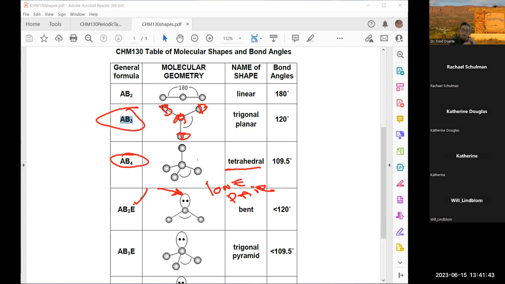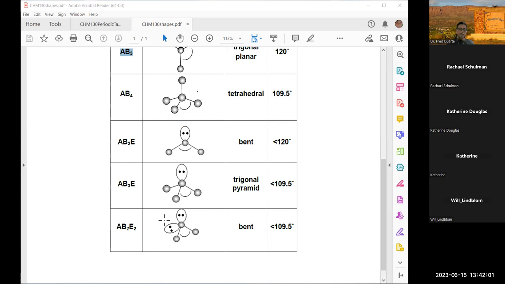And when you see that, it's going to give you a lot more information. We'll talk a little bit more about that in a bit. We can have either one lone pair on the central atom, or we could have two. A good example of the AB2E2 is water. Water is a classic example of an AB2E2.